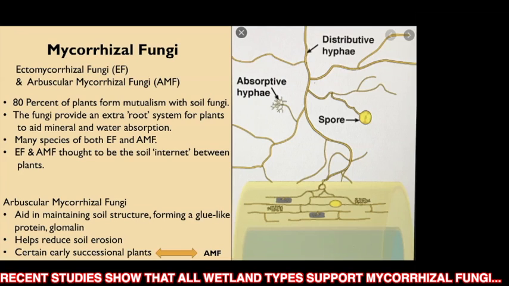So you want to favor seeding many of those early successional plants to build your mycorrhizal net, and then you have a great ability to have very good soil that absorbs water, holds water, and aids in plant development.